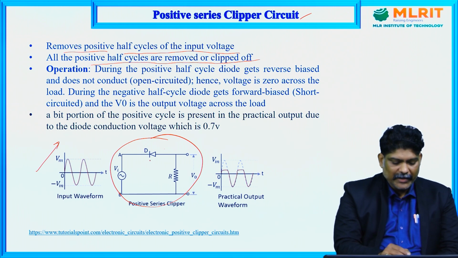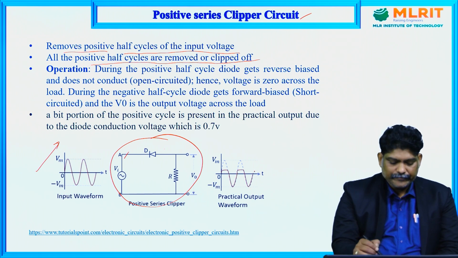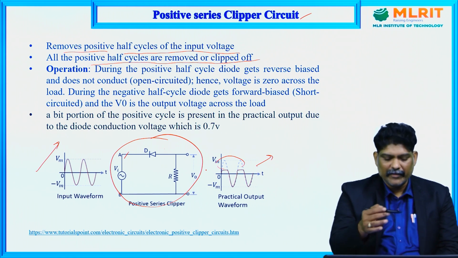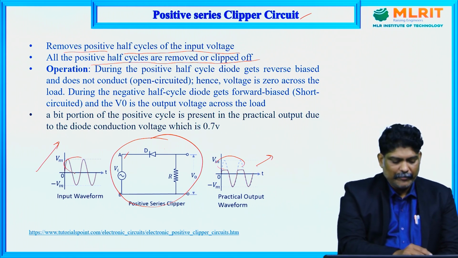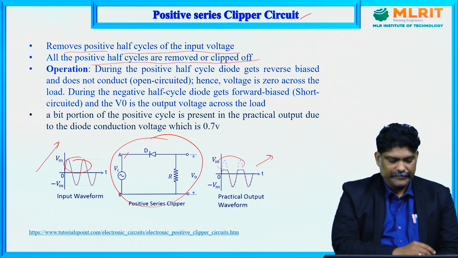See here, the diode is connected in series to the input. Therefore the positive half of the input signal will be clipped off. Hence it is called a positive clipper, and that too an unbiased positive clipper.